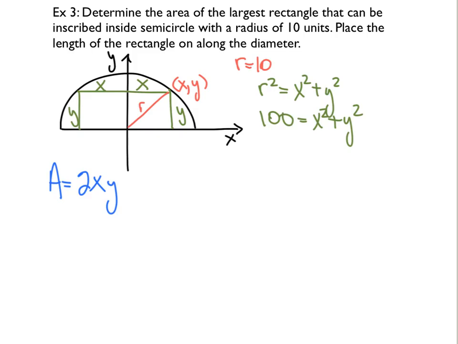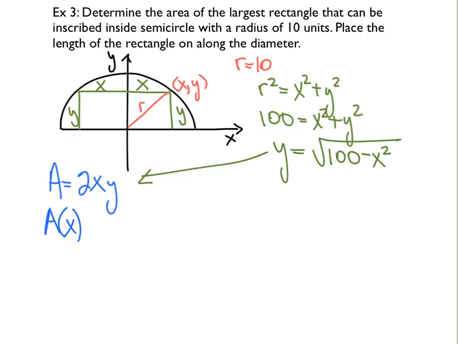So I'm going to take your Pythagorean one and rearrange for y. So we're going to get y is equal to the square root of 100 minus x squared, and sub that in, and we get A of x is equal to 2x, leave the x, now sub in for y.